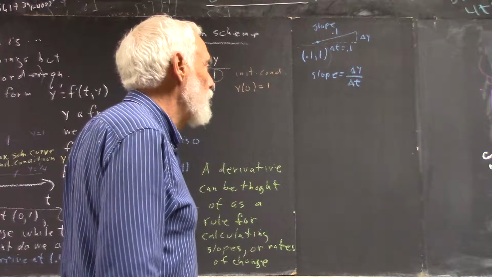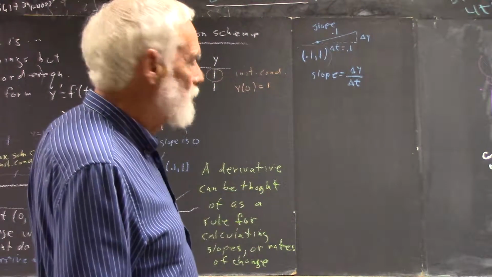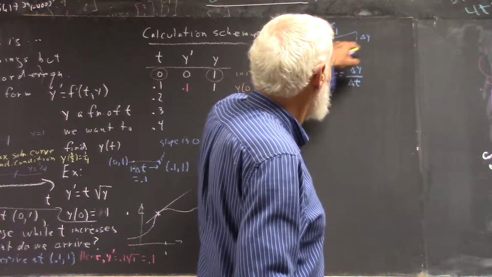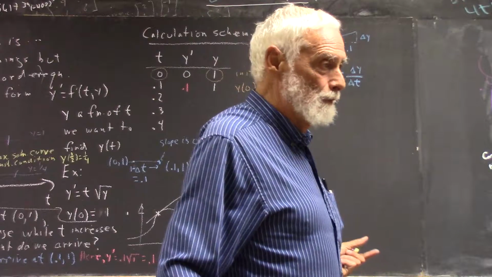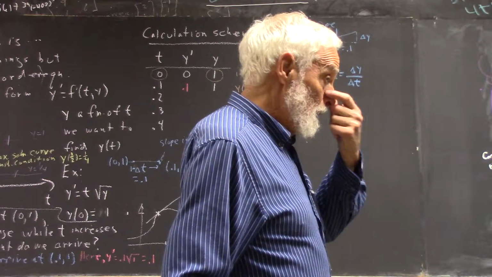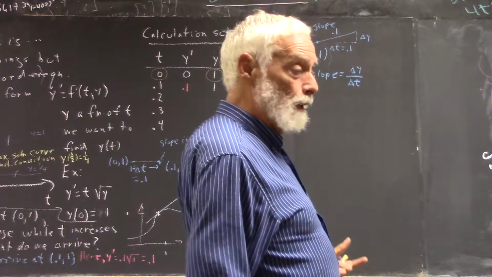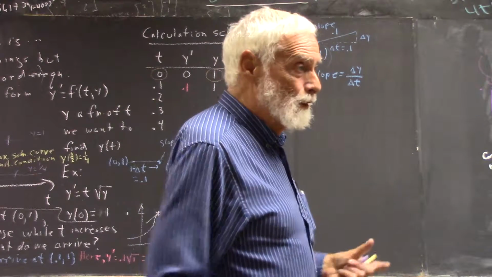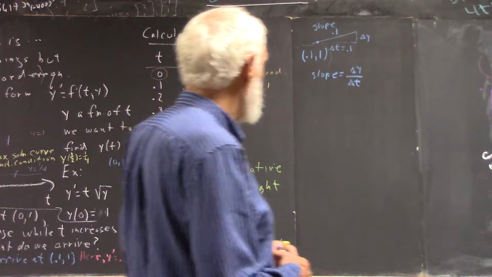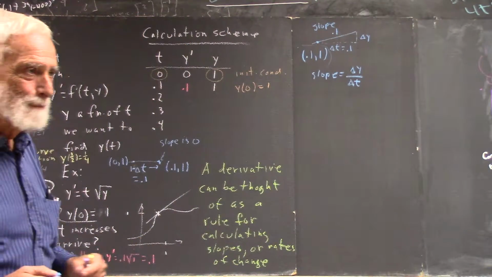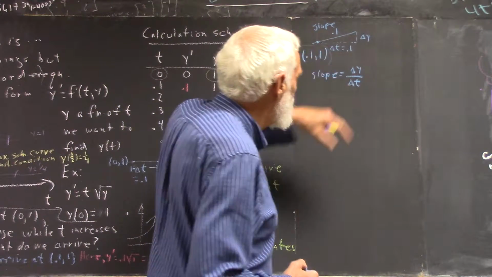It's okay, you can survive, but you got to remediate these things. You really got to understand this triangle here. It's totally fundamental to first year calculus. Okay, so slope is delta y over delta t.